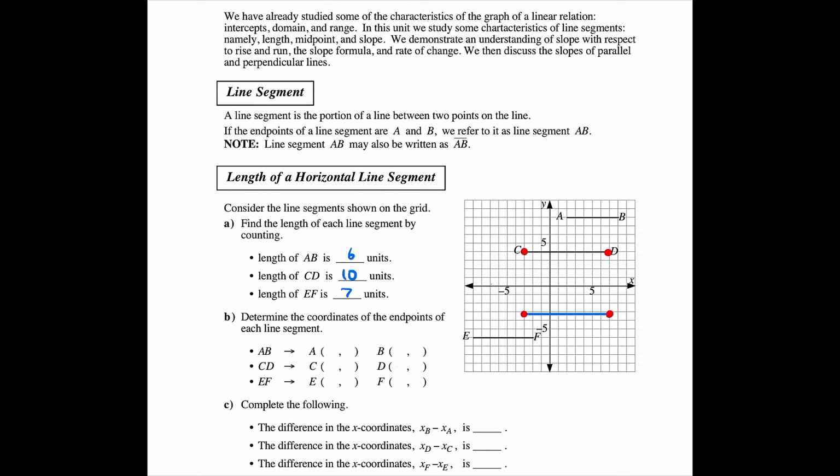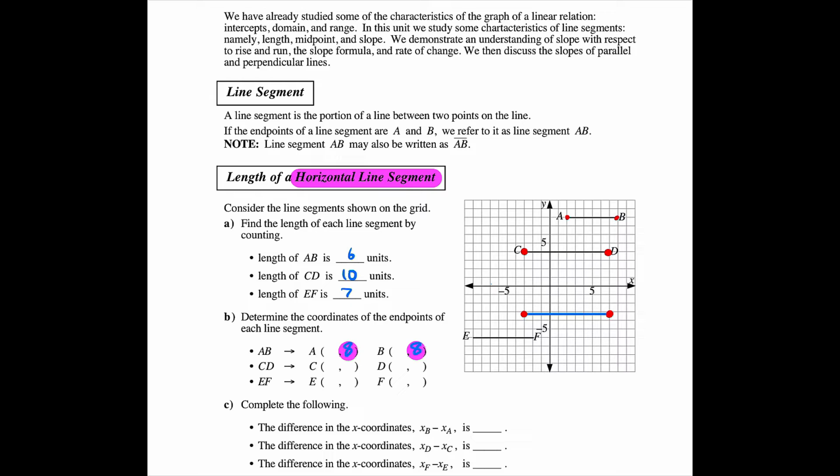Okay, now one thing you need to know about a horizontal line segment or a horizontal line is that they will have the same y values. So when we look at line segment AB, the line segment going between point A, which is right here, and point B, which is right there, what is the y value? Well, the y value in both those cases is going to be 8.